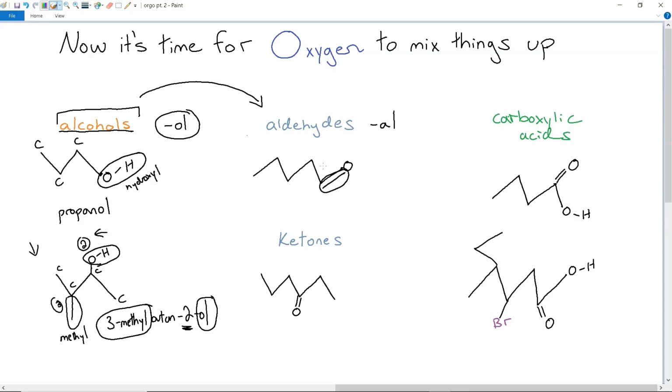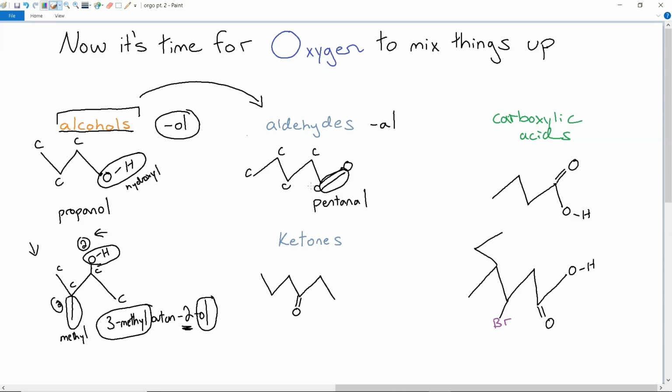If I were to count my carbons, I'm going to go 1, 2, 3, 4, 5. So this would just be pentanal. So not pentane, not pentanol as an alcohol, but pentanal because of the double bond.